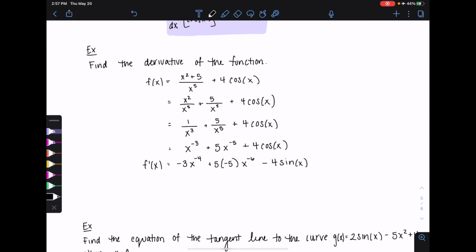So this becomes minus 4 sine of x. And you can clean this up if you want to. This is negative 3 over x to the 4th minus 25 over x to the 6th minus 4 sine of x.